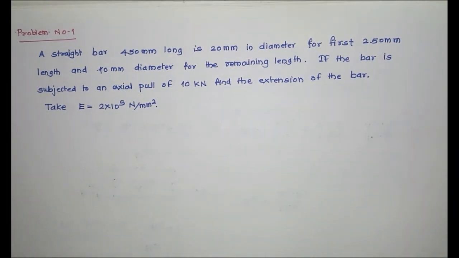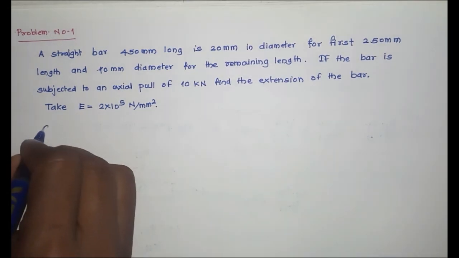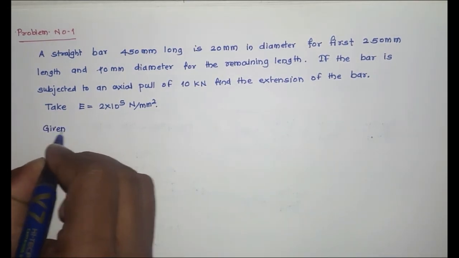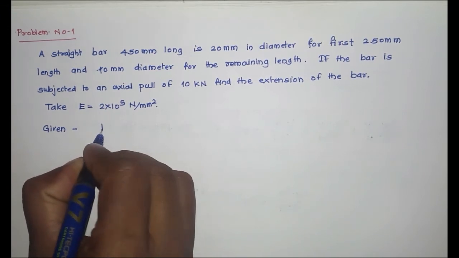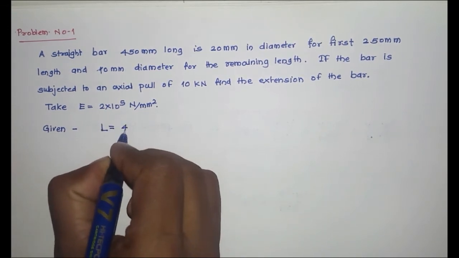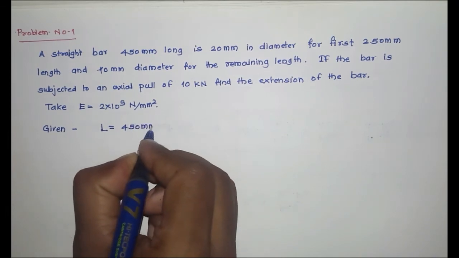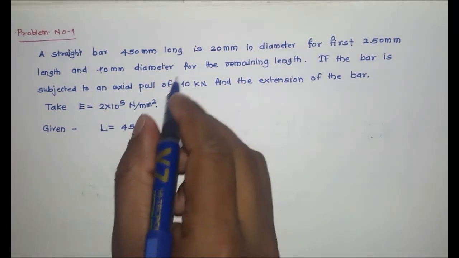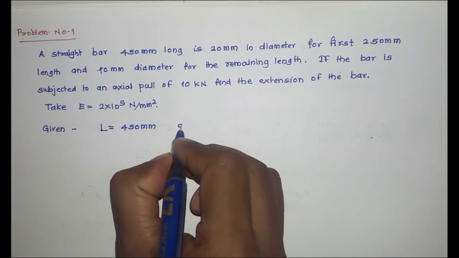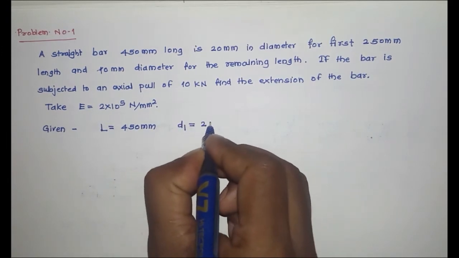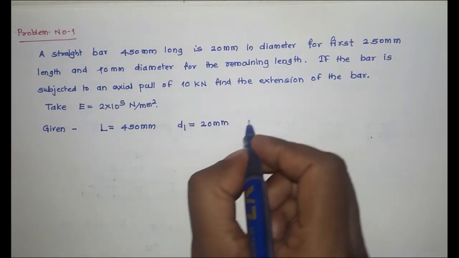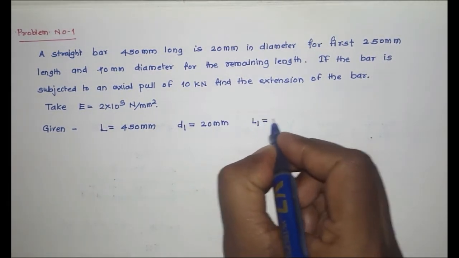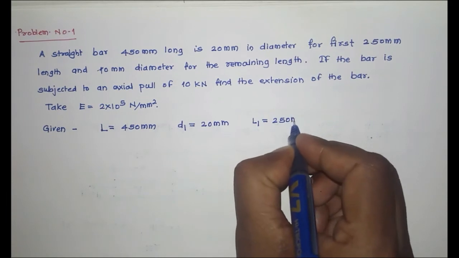Now based on this data we are going to solve the problem. First we will write whatever data is given to us. Given data: the total length is 450 millimeter. Out of that, the diameter D1 is 20 millimeter for the first portion, which is of L1 equals 250 millimeter.